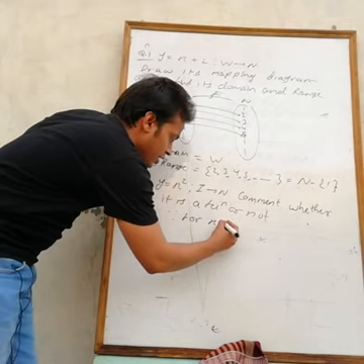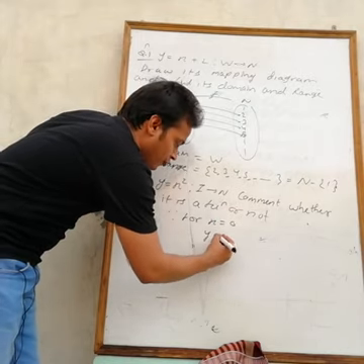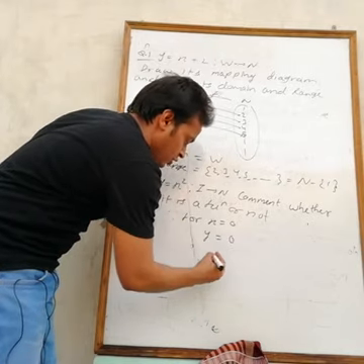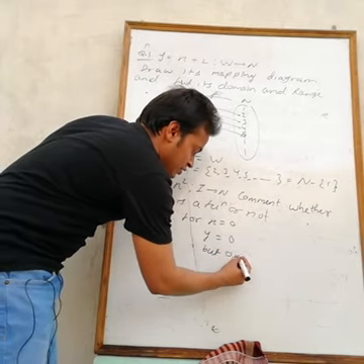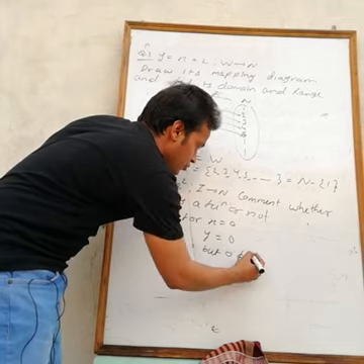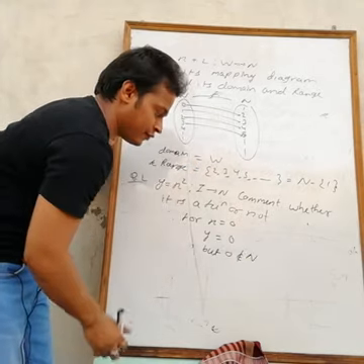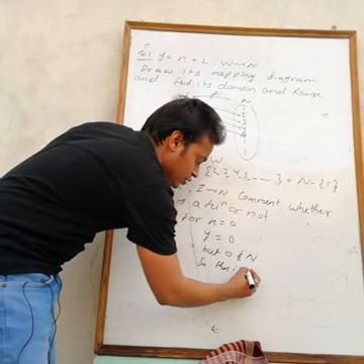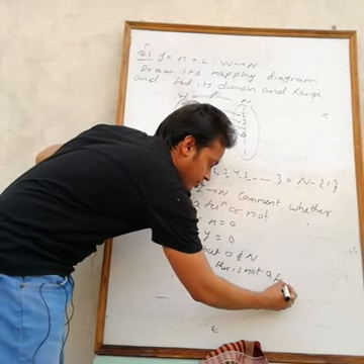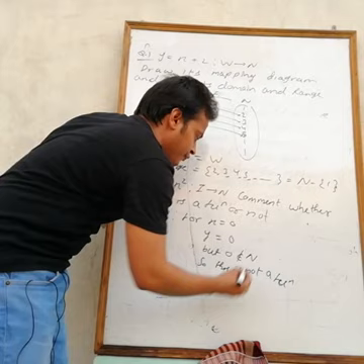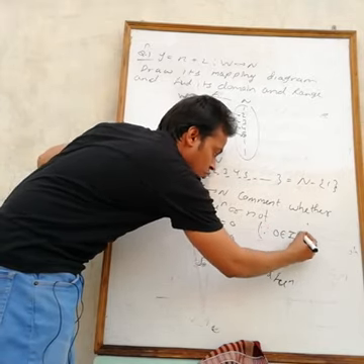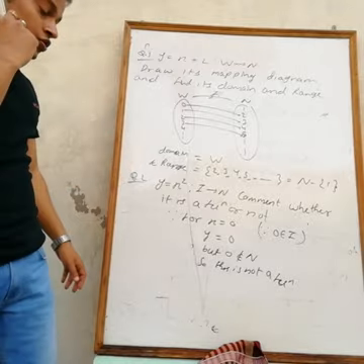For x equals 0, y is equal to 0, but 0 does not belong to n. So this is not a function. 0 belongs to I, so I can check now.